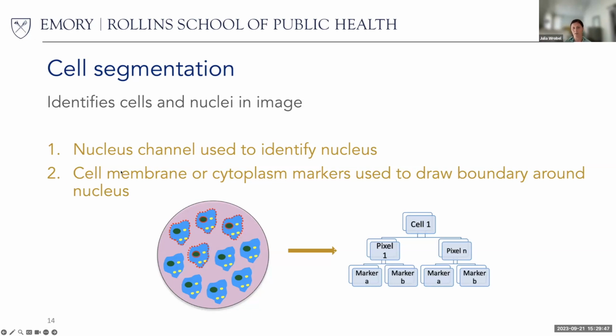And then you typically have a marker of cell membrane or cytoplasm as well, and that is used to draw a boundary around the nucleus. So these little dotted red lines show the segmentations of the cells in this image. And then after that, you have sort of a cell object, and each cell is made up of pixels, and each pixel has a marker intensity value for each of the markers in the data set.